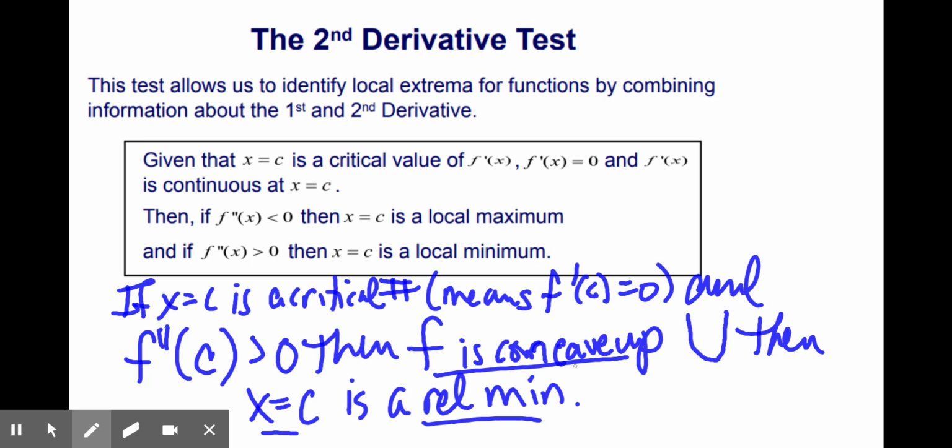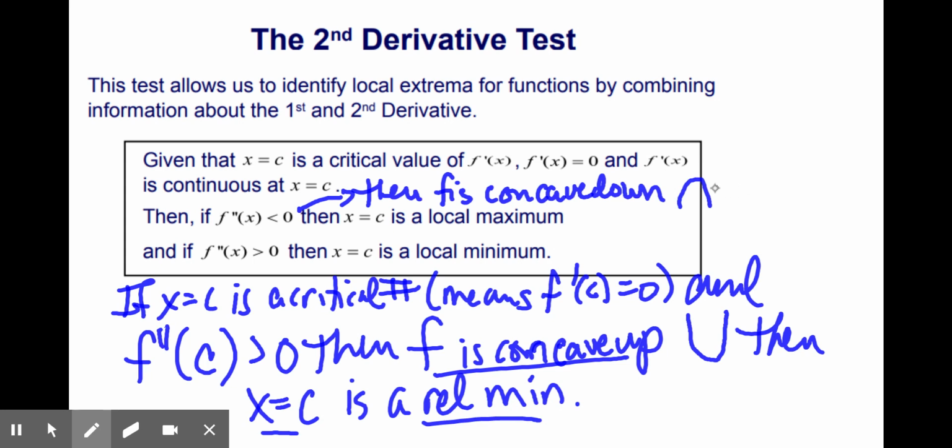It works the other way as well. If f double prime is less than 0, then f is concave down. But concave down looks like this.